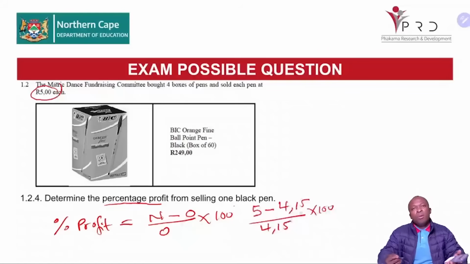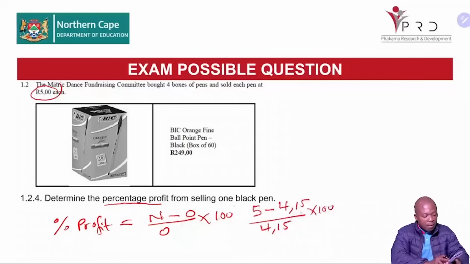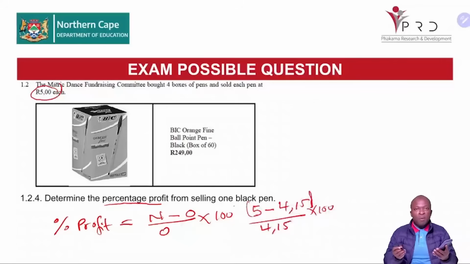So what do you do? You just take your calculator. You will say open bracket, so that your calculator knows the top must belong together. So it's going to be 5 minus 4,15. Then you close the bracket.